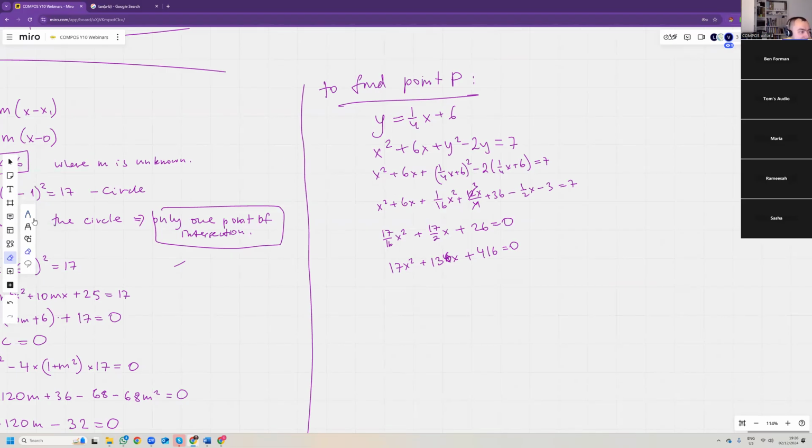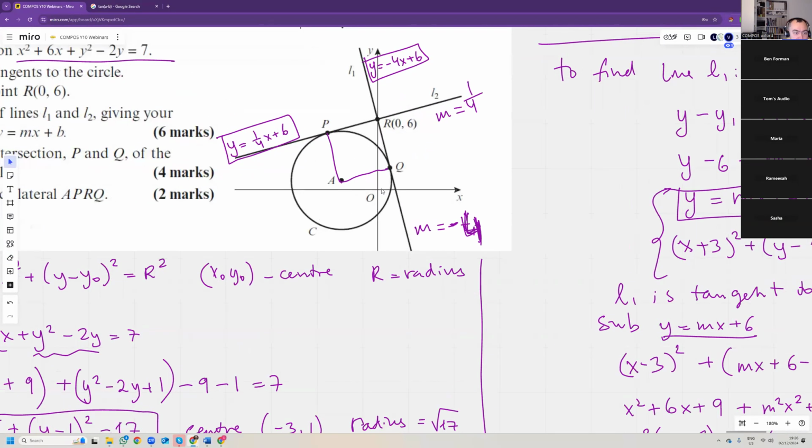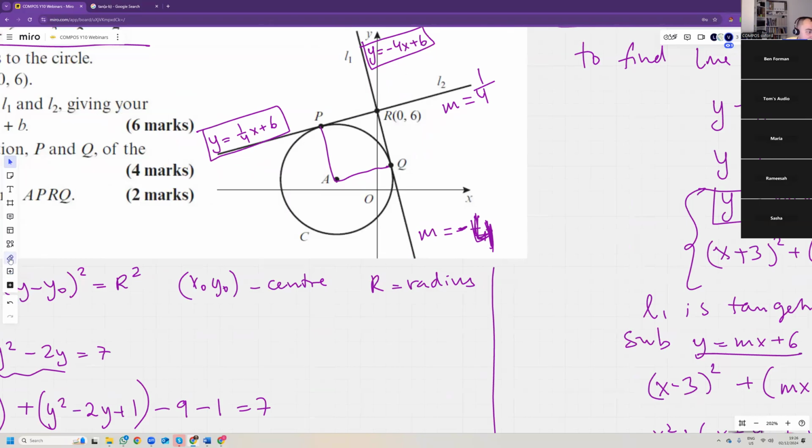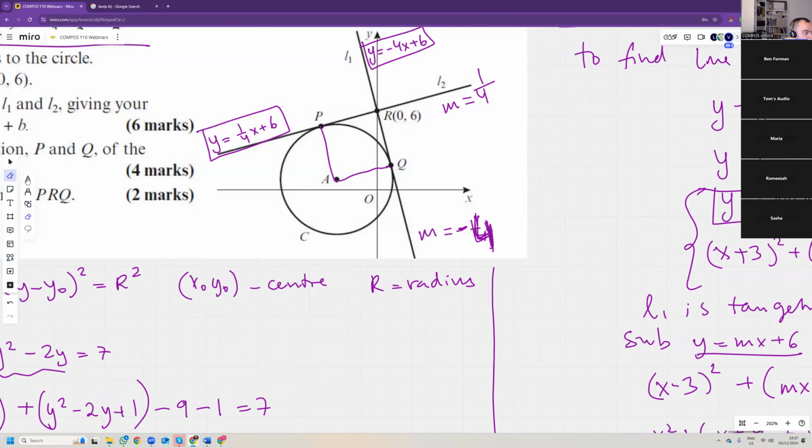The important thing is that you find point P, you find point Q, and then you have two right angle triangles. This is root 17, this is root 17.